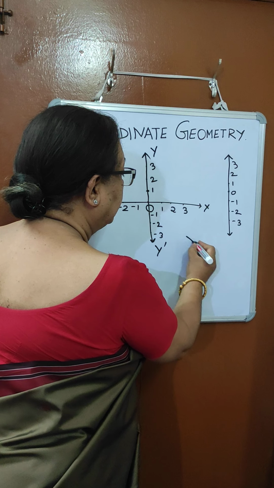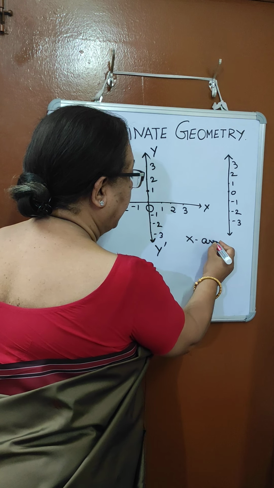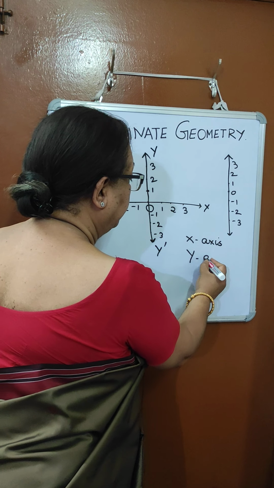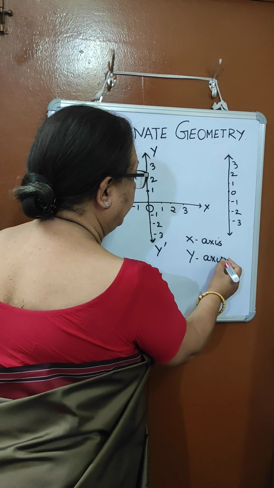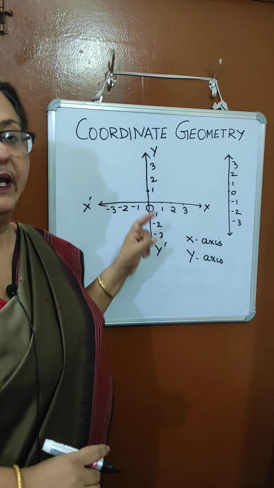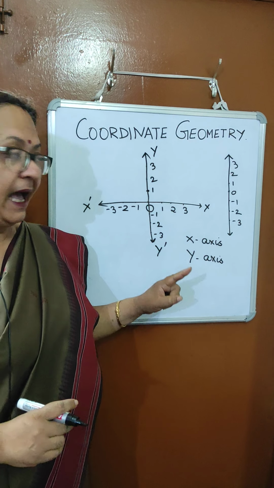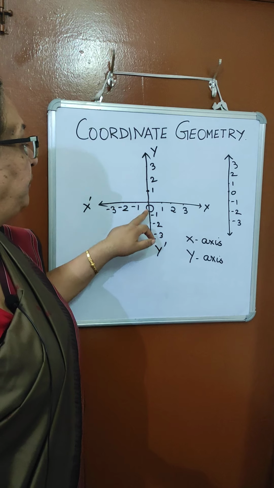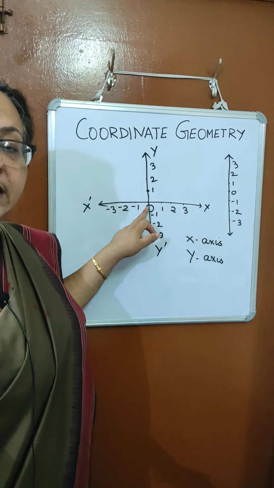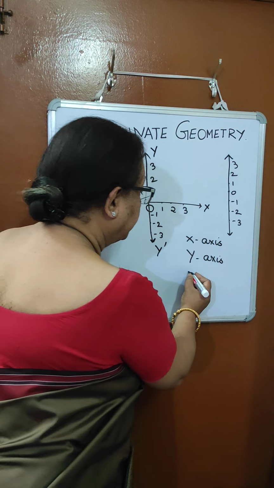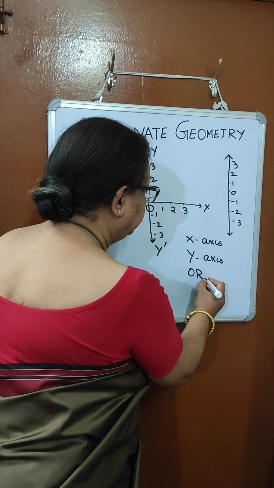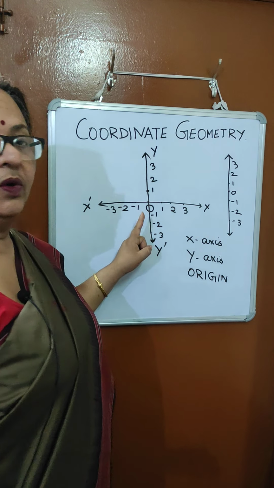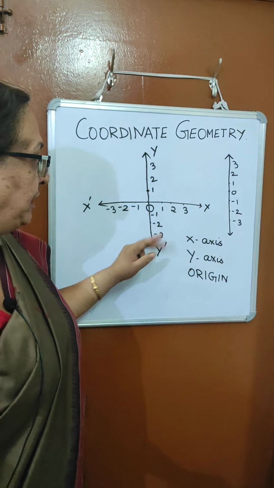This one is x axis, and this one is y axis. So in the Cartesian plane we have x axis and the y axis, the two of them meeting at 0. This 0 is called the origin. Zero is the origin.